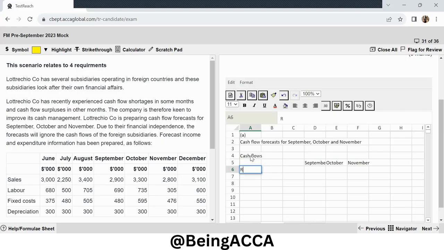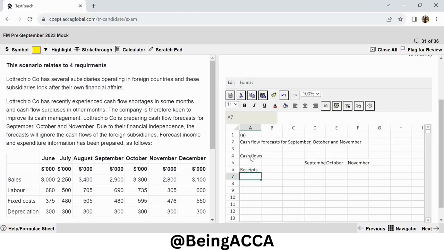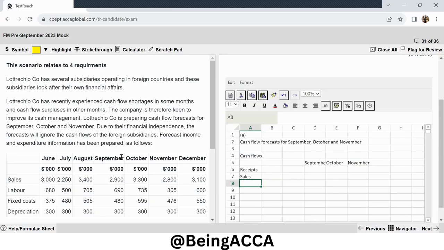So let's first talk about the positive, that is inflows or receipts. First of all, we have our sales. Let's have a look at the forecast.